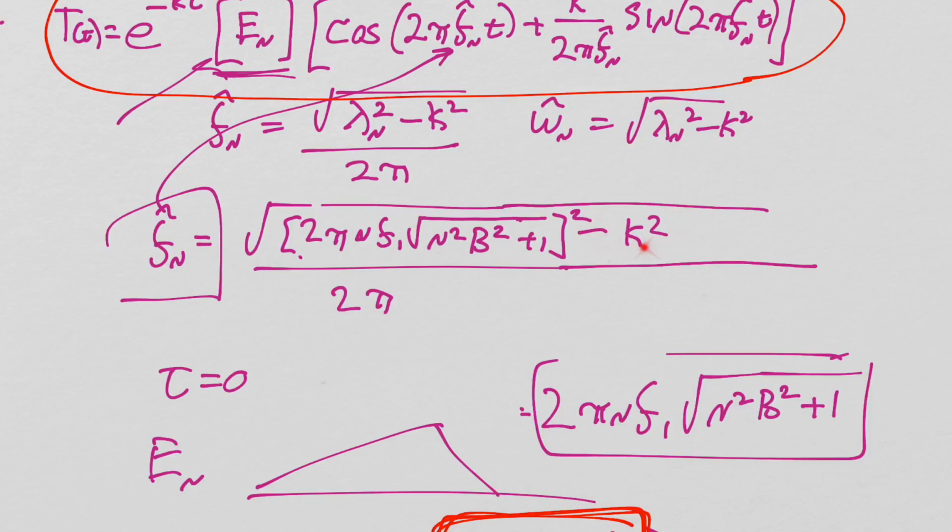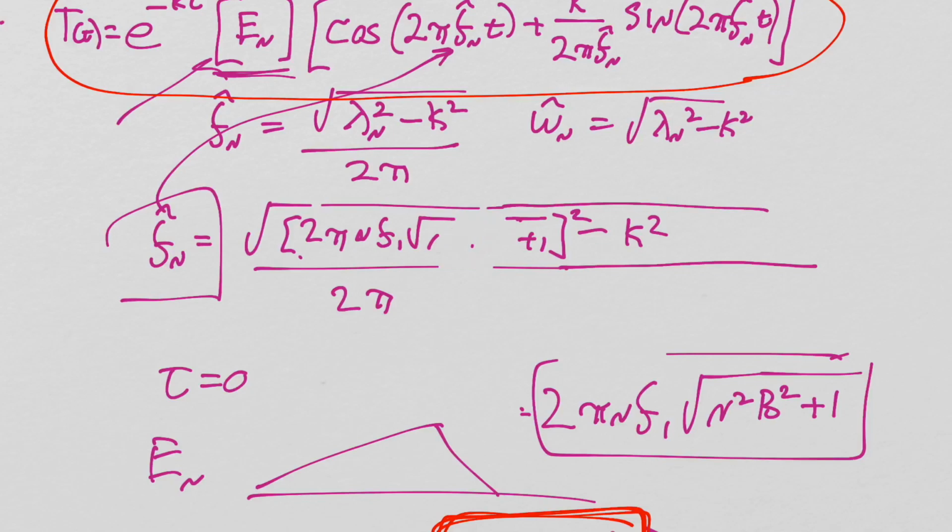And if k is 0 and B is 0, then we end up with 2 pi n f1 for the frequencies, which is the harmonic frequencies. So it's 2 pi n divided by 2 pi, and the 2 pi's cancel, converting the angular frequency to a regular frequency. So indeed, the limits both work.